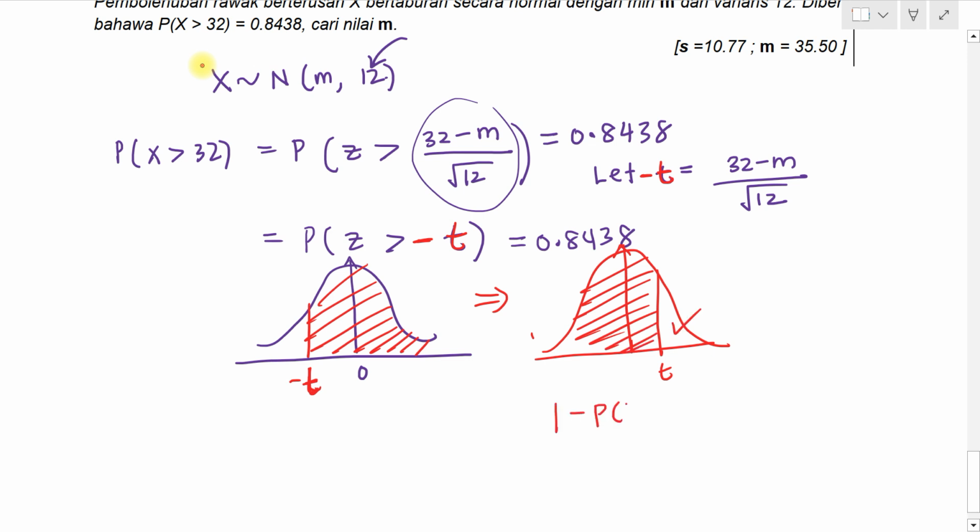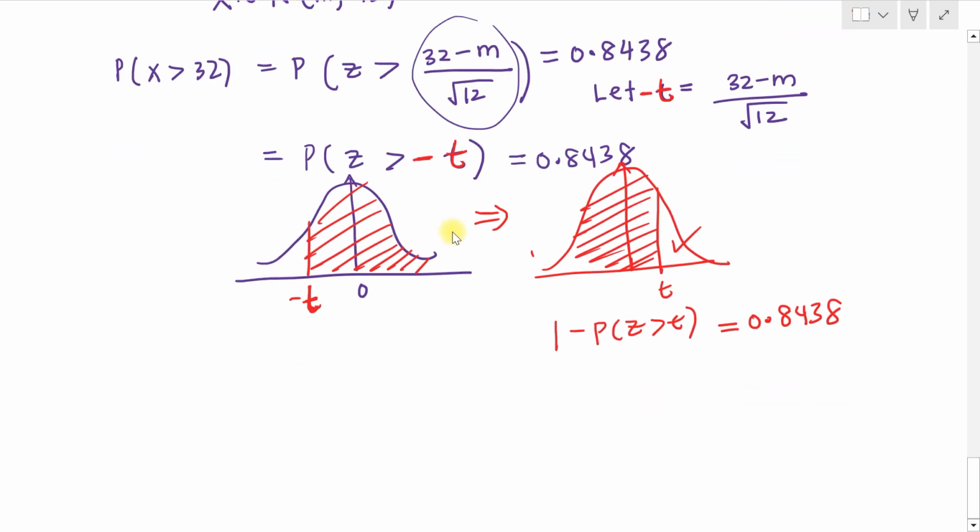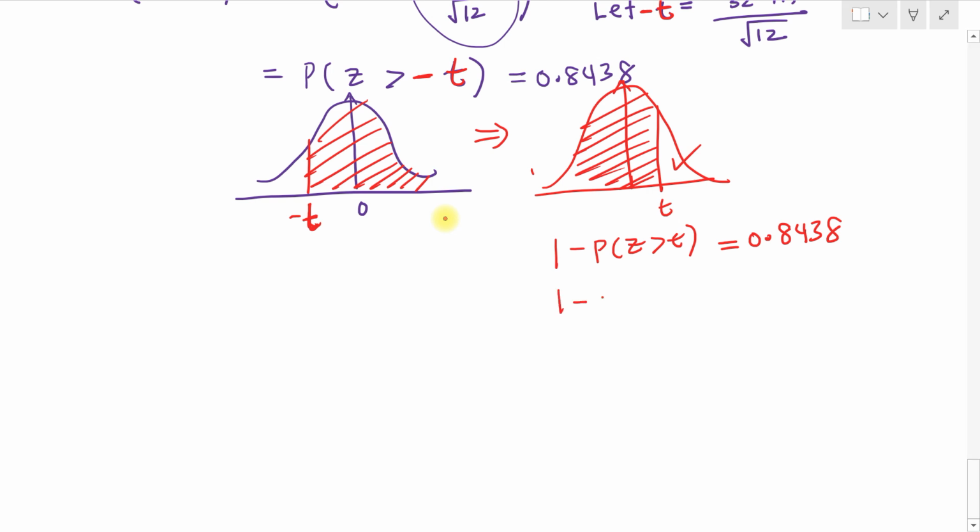So, 1 minus probability Z greater than T is actually equal to 0.8438. Okay, try to find this one first. 1 minus 0.8438 equal to probability Z greater than T. So we minus. So probability Z greater than T is actually equal to 0.1562. Okay. Now we look for 0.1562 from your table.